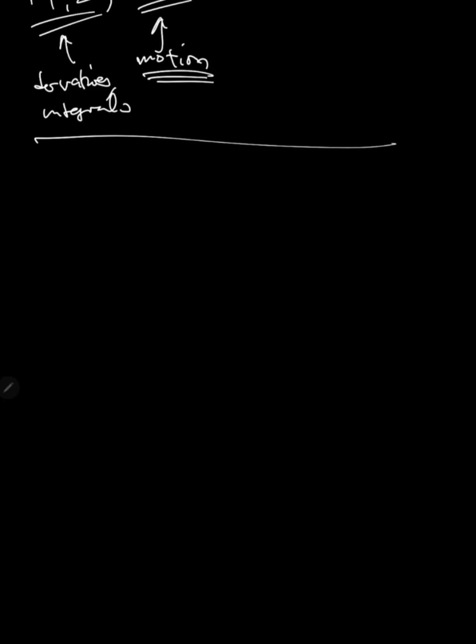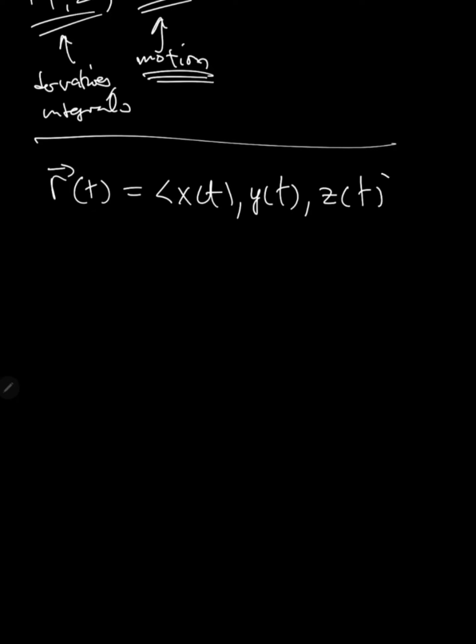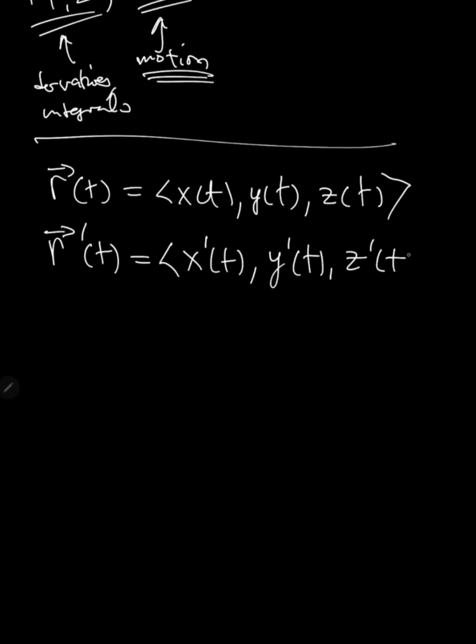So the good news is we have a vector valued function equals whatever, x of t, y of t, z of t, right, in space, let's say. The good news is the derivative is super simple. You just take each of the pieces individually, take their derivatives, x prime, y prime, z prime.